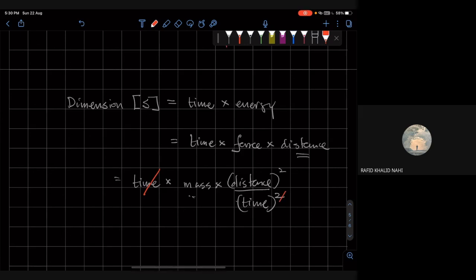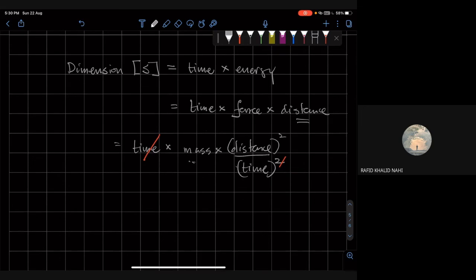And then the rest we can just write as distance times mass times distance by time.